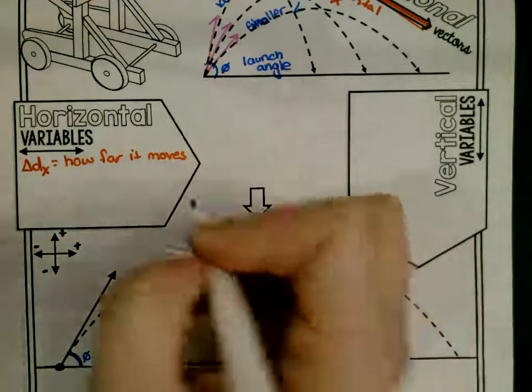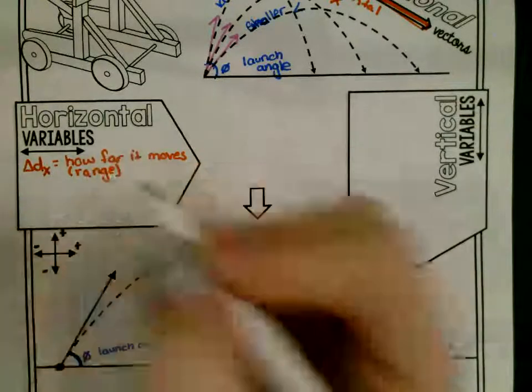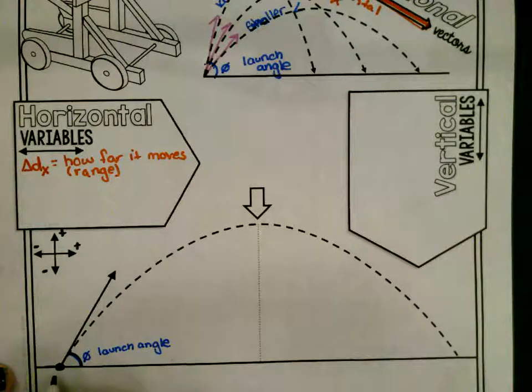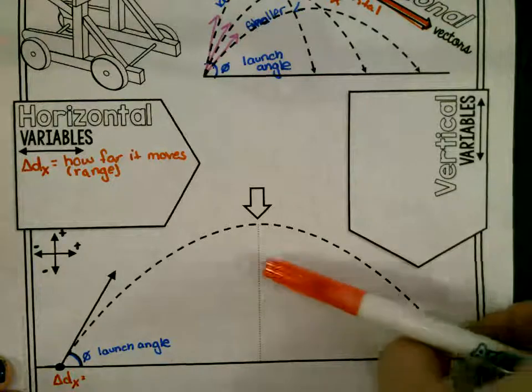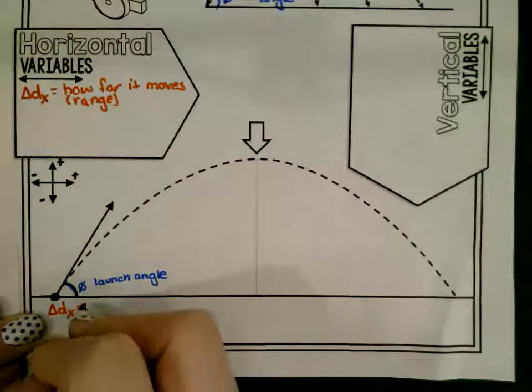The way you're going to see this worded in problems most of the time is its range. How far does it go? So at the starting point, our displacement on the x-axis when we start is going to be 0 because we haven't gone anywhere.